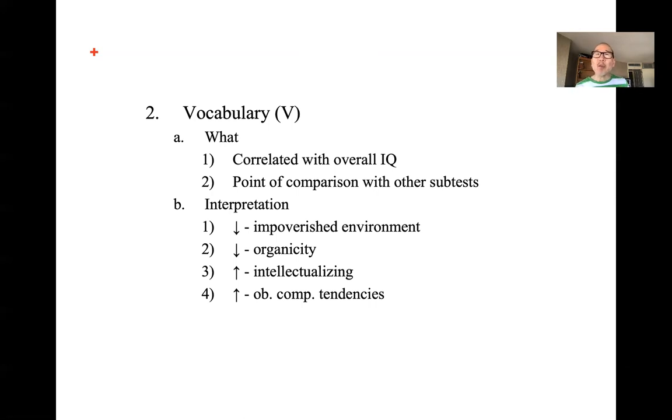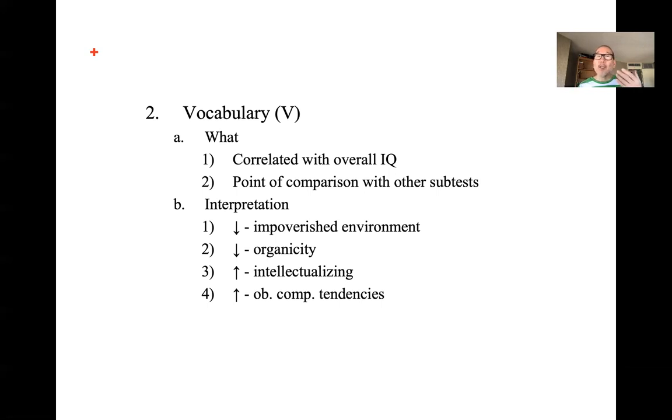As mentioned before with picture completion, if they do high or low, there are different things possible, things to hypothesize, possible interpretations. If they do really low compared to the mean on the rest of their tests, which would be really odd because vocabulary tends to be the best measure, but it's always possible. Let's just say on all the other subtests, they average a 10, but on vocabulary, they get a 5 or 4. Very odd.